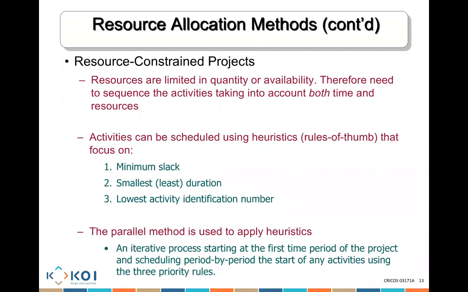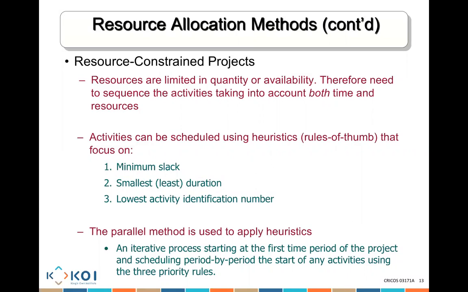You know how every activity will be numbered 1, 2, 3, 4, 5, or have letters like A, B, C, D, E. You use the lowest activity identification number as a third rule to decide which activity you are going to start working on when your resources are constrained.